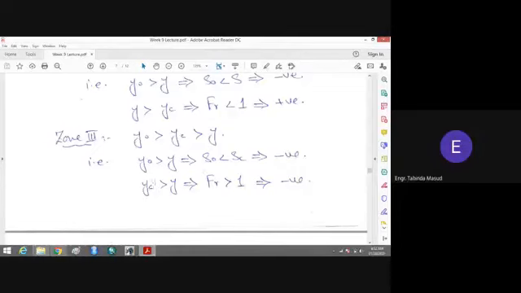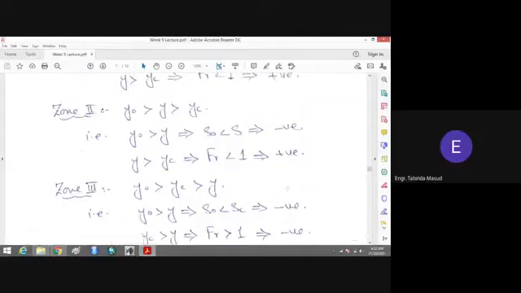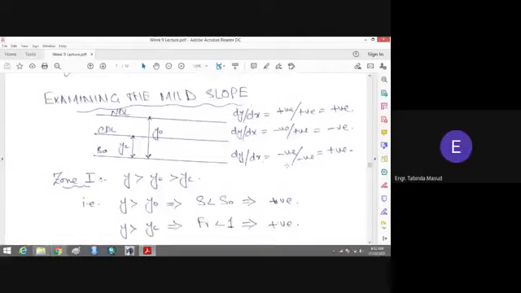And here yc is greater than y, Froude number is greater than 1, and you will get a negative value for the denominator. And it shows that dy by dx is equal to negative divided by negative is equal to positive value. So again, you are going to have a backwater curve in zone number 3 of the mild slope.